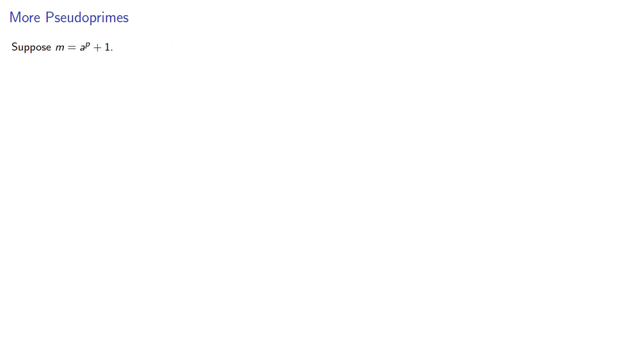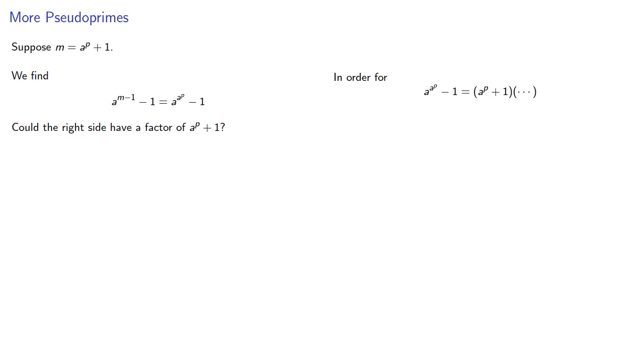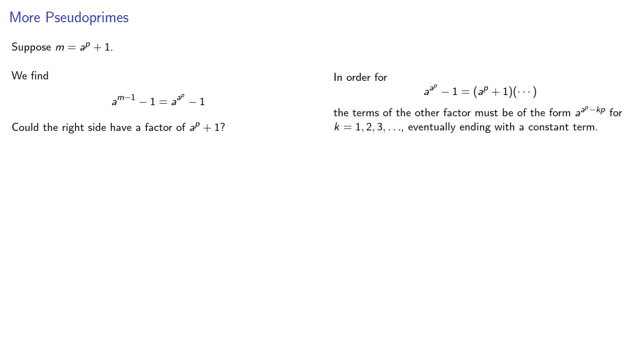Well, let's suppose m is a to the p plus 1. And we want to determine if the right side has a factor of a to the p plus 1. So again, let's think about that. If I can write this as a to the p plus 1 times something, the terms of the other factor must be of the form a to the power a to the p minus a multiple of p for k equal 1, 2, 3, and so on, eventually ending with a constant term.